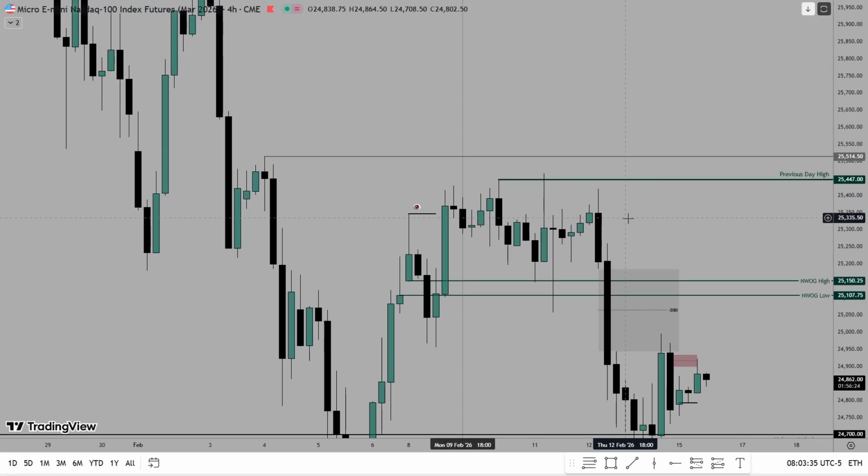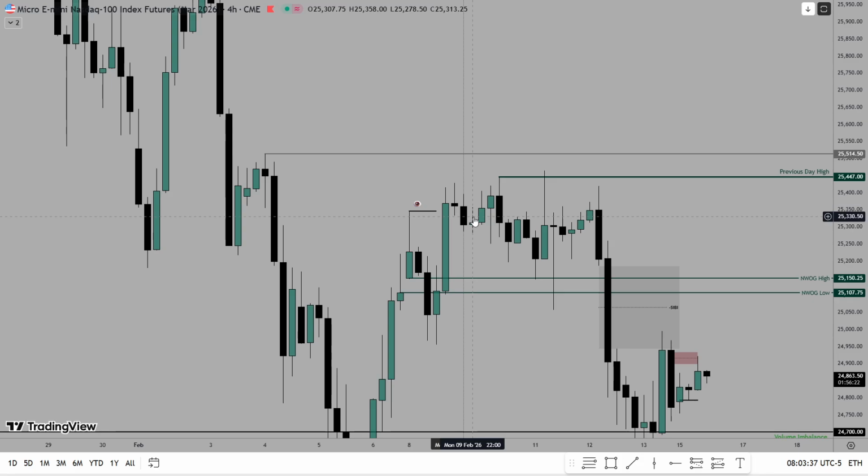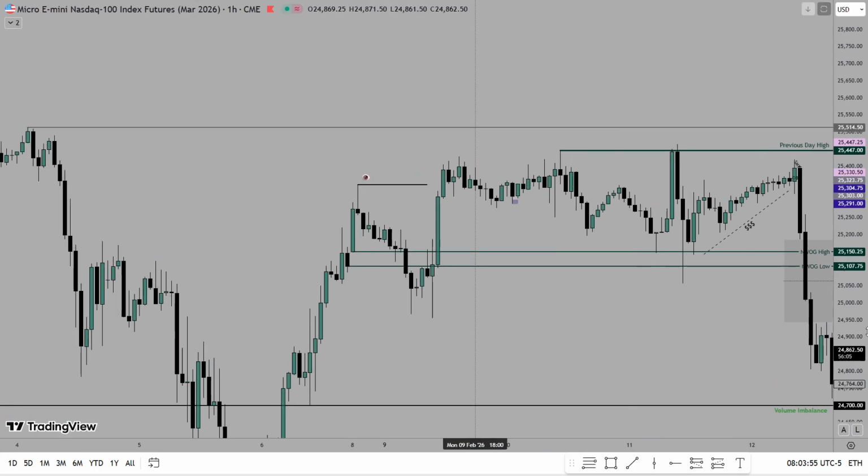So on Tuesday, price opened, traded inside this area, and kept this high at 10 a.m. Before that, price gave an entry opportunity at the 6 a.m. candle in the 9:30.